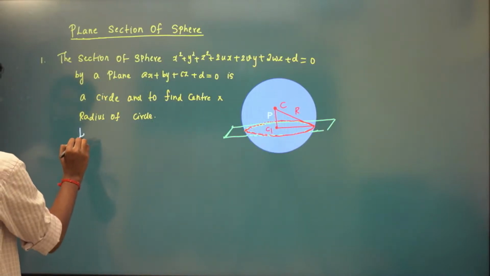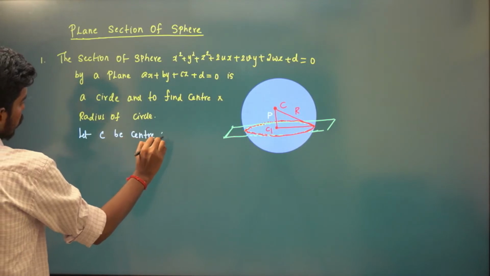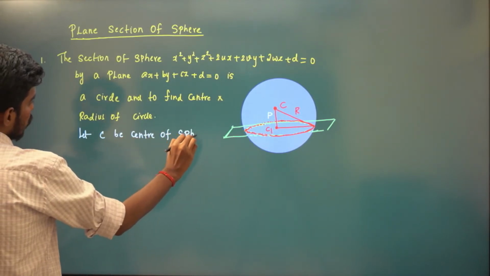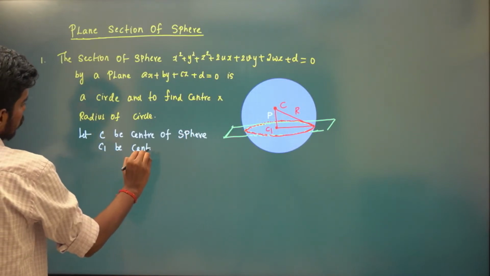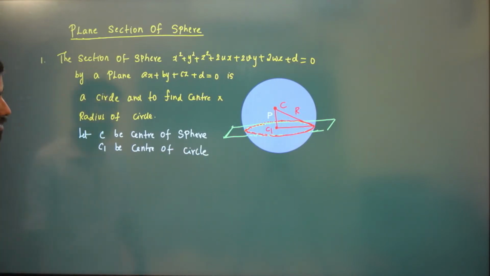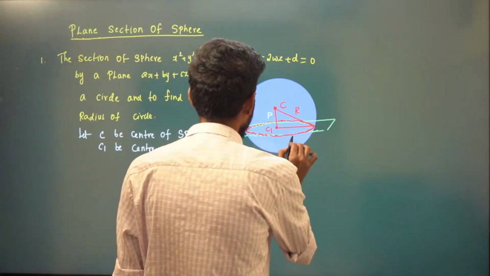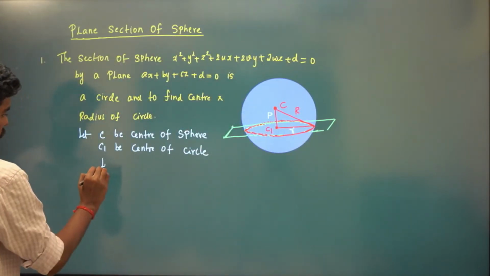So let C be the center of the sphere, C1 be the center of the circle.